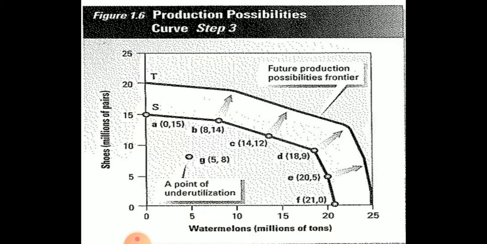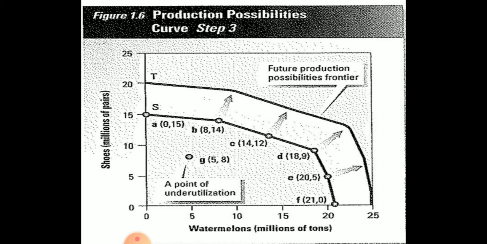Okay, guys, so we have here this graph, and this is a very important graph. It shows me the production possibilities curve, the future production possibilities frontier. It shows me the analysis of the curve for the economists.